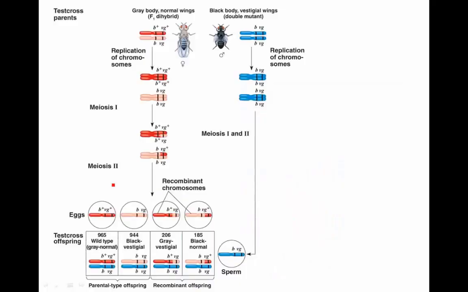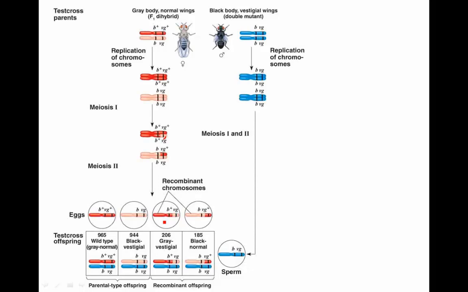So if we go back and look here, when the tetrad is formed during prophase 1, occasionally we will get a breaking and a swapping of ends of the chromosomes between the B and the VG, and that's going to lead to these recombinant chromosomes. So we did call them recombinant chromosomes back there when we talked about meiosis, and recombinant chromosomes lead to the production of recombinant offspring, or offspring that have new combinations of the parent traits. So although we're not getting independent assortment, we are getting basically extra of the parentals and a few of the recombinant offspring.